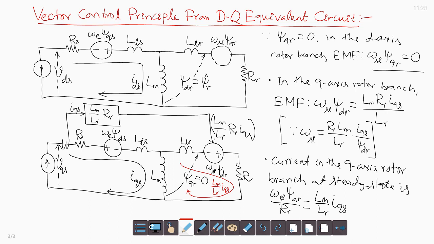Now, you have to verify that this current which we have just obtained in the Q axis rotor branch, that is Lm by LR and IQS, verifies that psi QR equal to 0. Psi QR has to be 0. How does it verify? So, you can do the calculation.